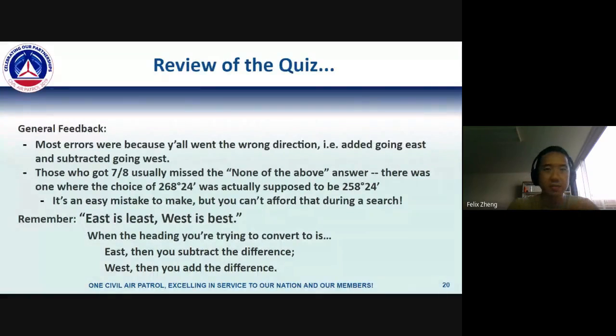So if you have a true north heading and you have a magnetic declination that's east and you're converting from true north to magnetic north, you want to subtract the difference. If the magnetic heading is west of true north, then you add the difference. And the same applies for converting from grid to true, true to grid, grid to magnetic, all those types of things.